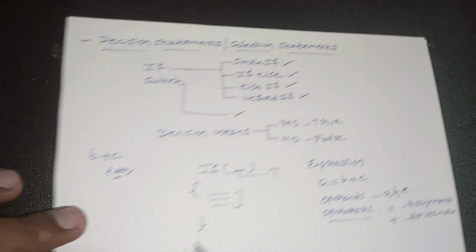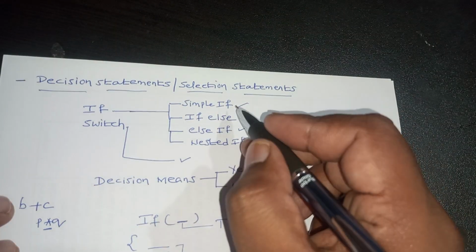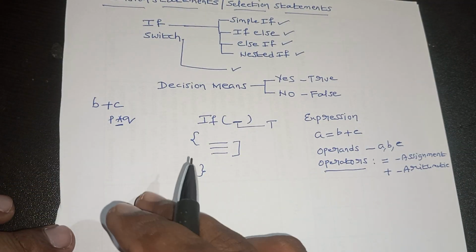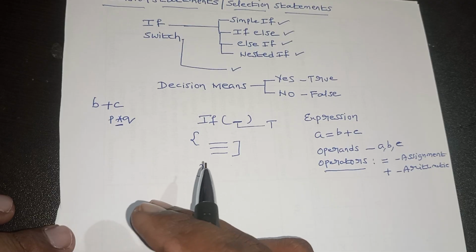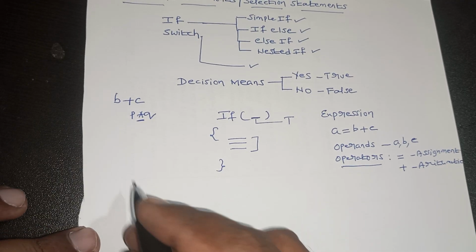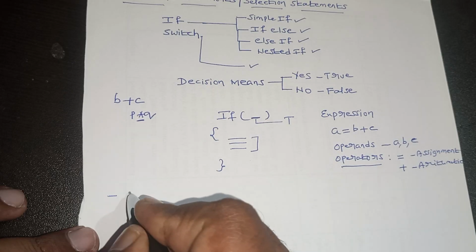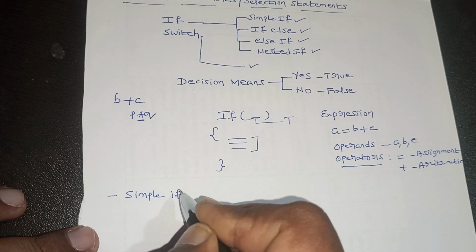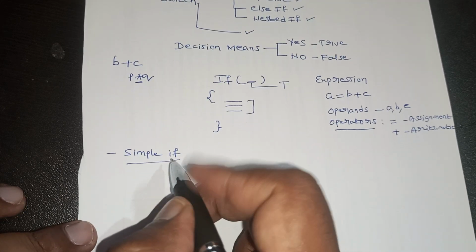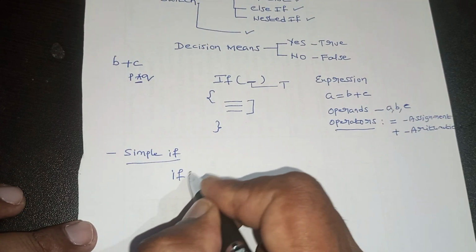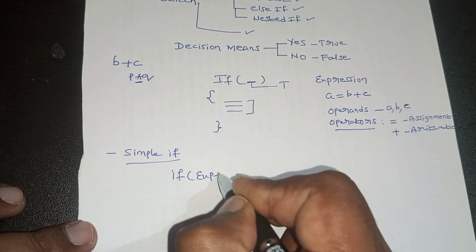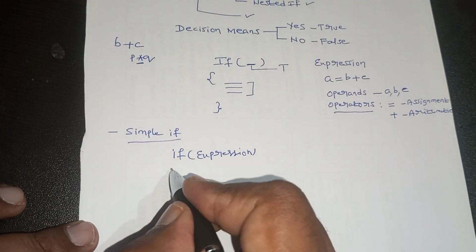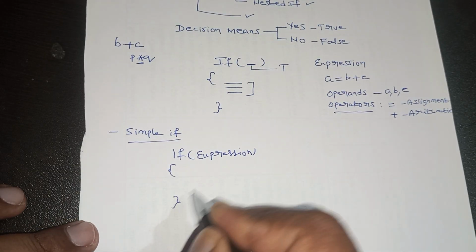First, take the first type of the if, that is simple if. First I'll take only syntaxes, and then I will take examples directly. First, simple if: it means if, expression, and then a set of statements.